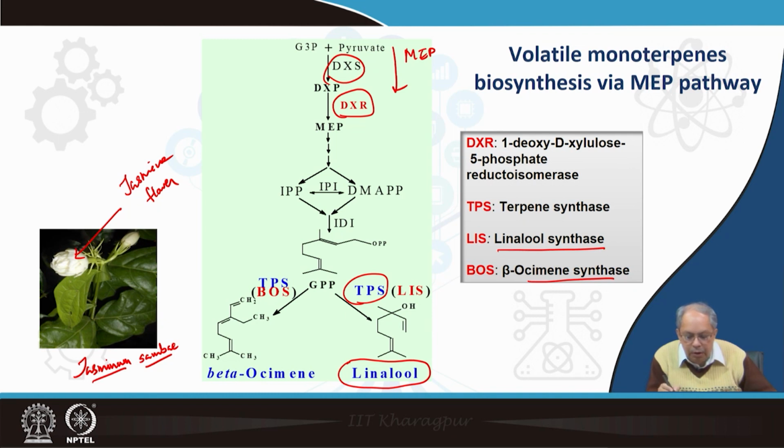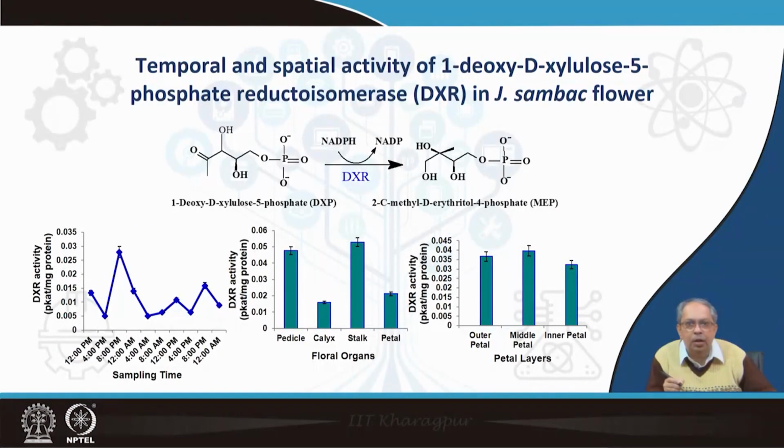This was studied, and in order to know more about the biology of scent emission, it is important to study the physiology of this. I would like to show you one time course analysis. This is the DXR, which converts deoxyxylulose phosphate, DXP, into MEP.